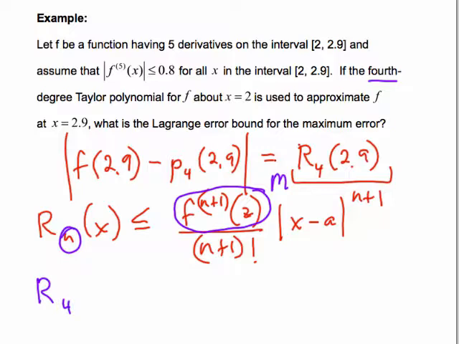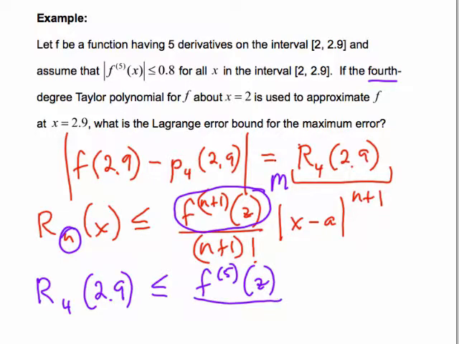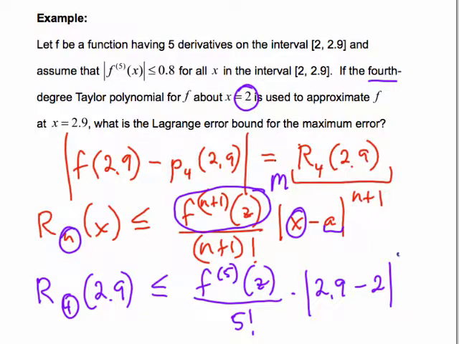Our error, using a 4th degree Taylor polynomial at x equals 2.9, will be less than or equal to, our n is 4, so we're going to use the 5th derivative, the biggest 5th derivative on the interval from 2 to 2.9, which we'll come to in a minute, over n plus 1, 4 plus 1, 5 factorial, times x, our value we're estimating, 2.9, minus a, the center of the Taylor polynomial, 2, to the 4 plus 1, 5.